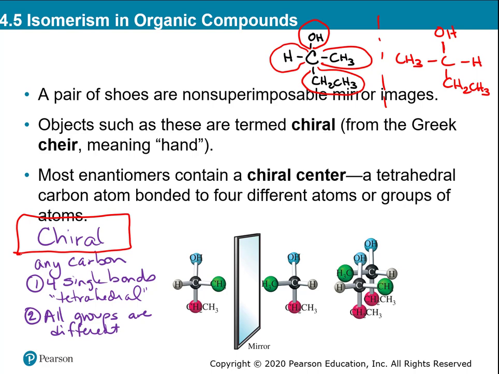Even if I flip it over, that's not identical. Then I'm looking at the back of my hand and my palm. So that's still not exactly the same. No matter how I move my hands, I can't make them lay on top of each other and be superimposable. So that's really what happens with the chiral carbon: they're different above, below, left, and right. So when you make the mirror image, they're not the same.